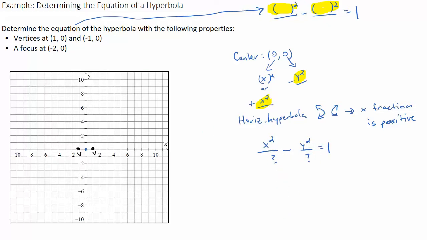Well, I know even more. I know that from my center to my vertex, this distance right here, that's my a value. So I know that a is 1. My horizontal distance is 1. Okay? Since this is horizontal, it goes under the x fraction.